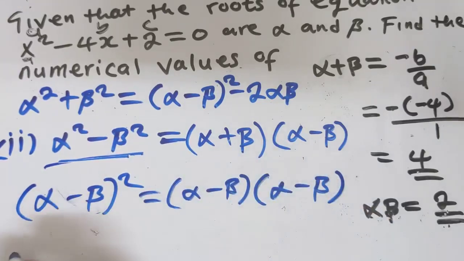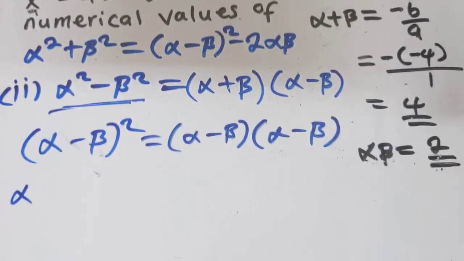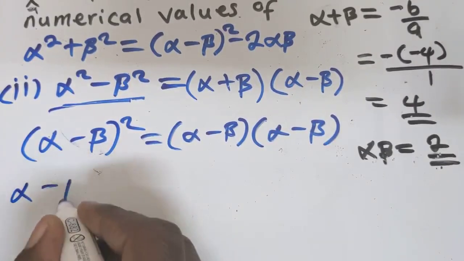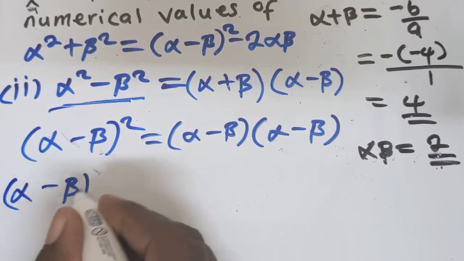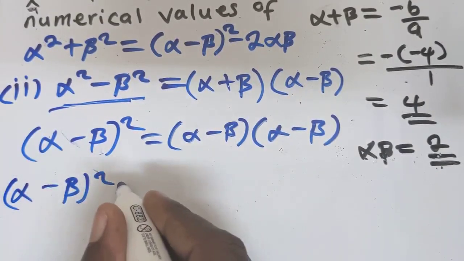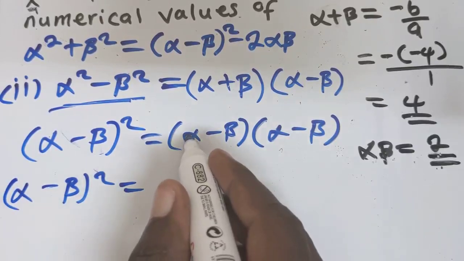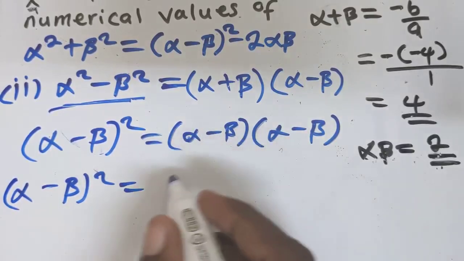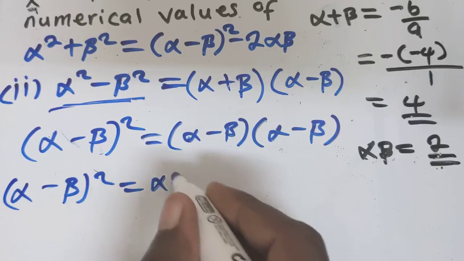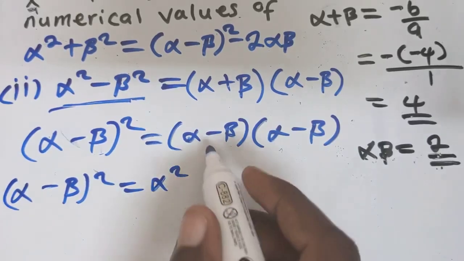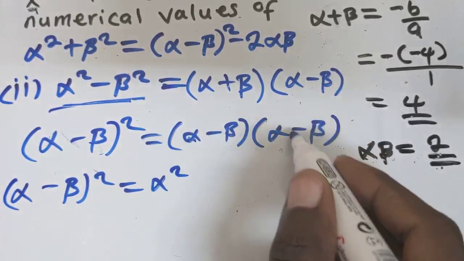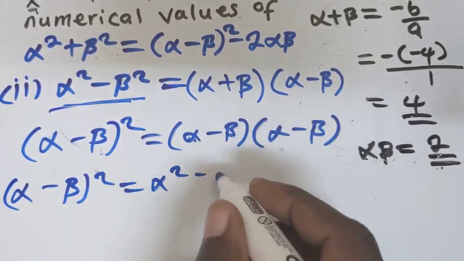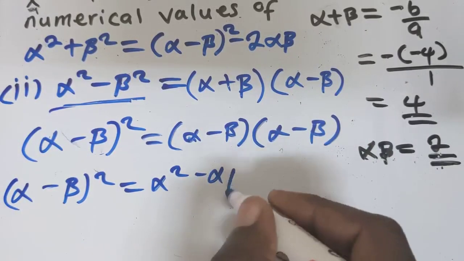So expanding, we'll just say alpha minus beta to the power 2 is equal to, when we expand alpha times alpha, you're going to have alpha squared. Then alpha times beta, you're going to have minus alpha beta.